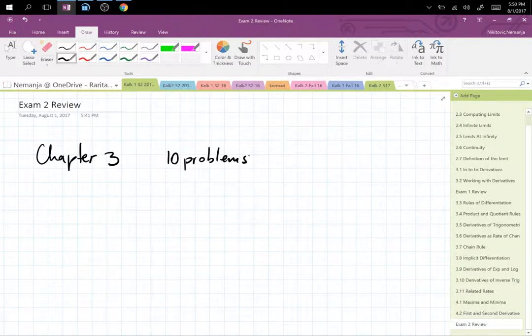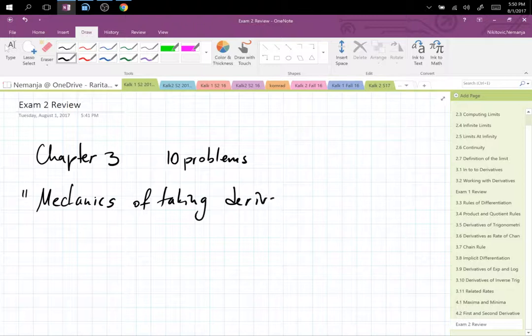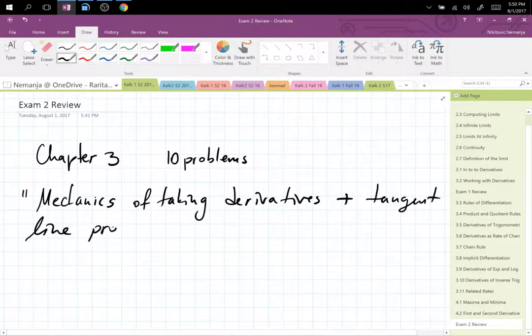The entire summary for chapter 3 would be mechanics of taking derivatives, plus tangent line, and then plus related rates. So the entire chapter is these three things.